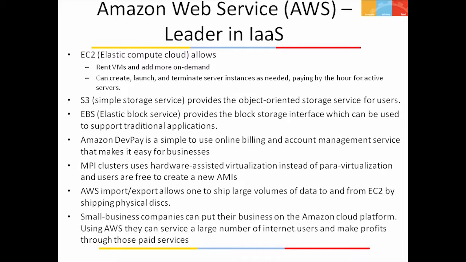And for Amazon, of course, it's a very good business, because they are also able to utilize their servers, and that's a very good business model for Amazon as well. So the small business companies sell maybe software as a service to the end client, and Amazon sells infrastructure as a service to the small business companies.